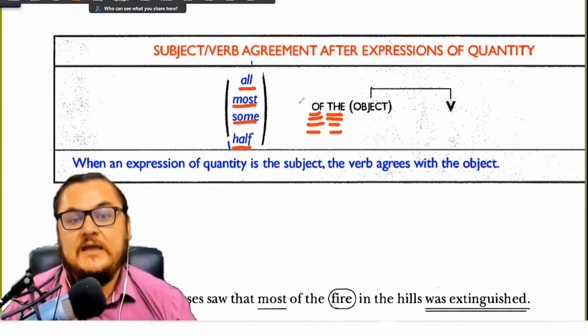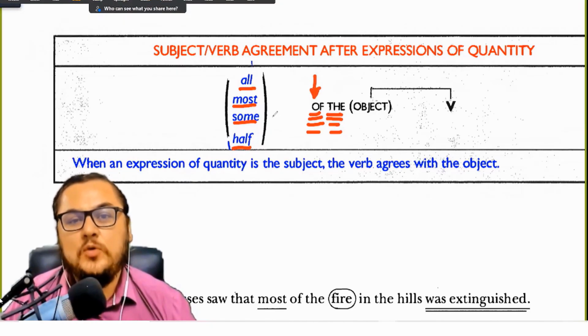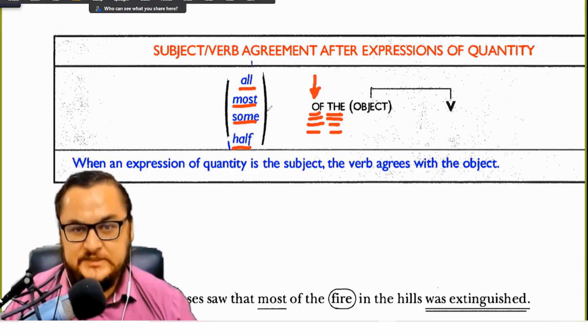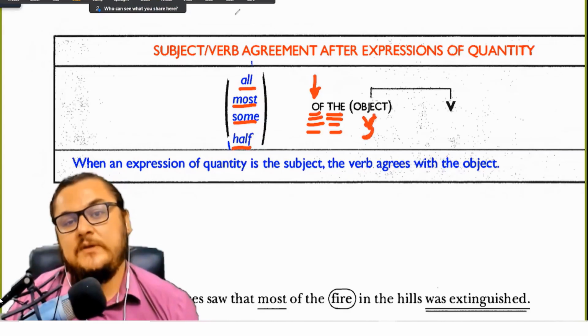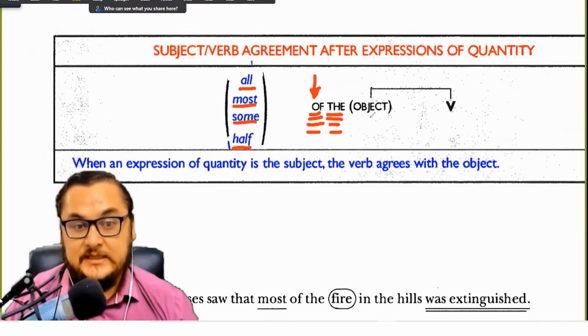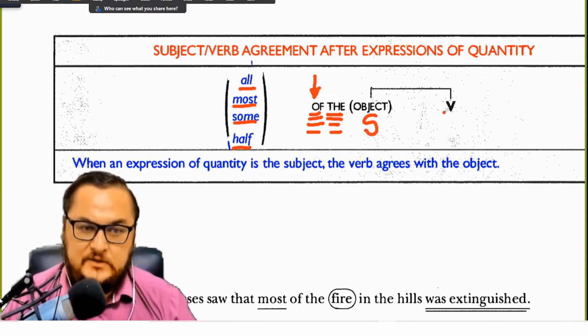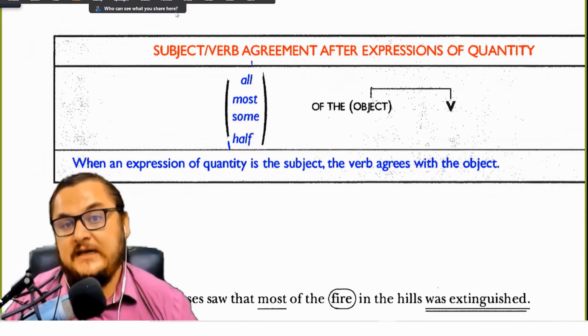That means that even though I have a preposition, this time I'm going to accept it as a whole, as a group of expressions, all of that. And I'm actually going to look for the subject of the sentence. So in the rest of the sentence have other subjects. This is the true subject to then look for the verb and verify that they agree.